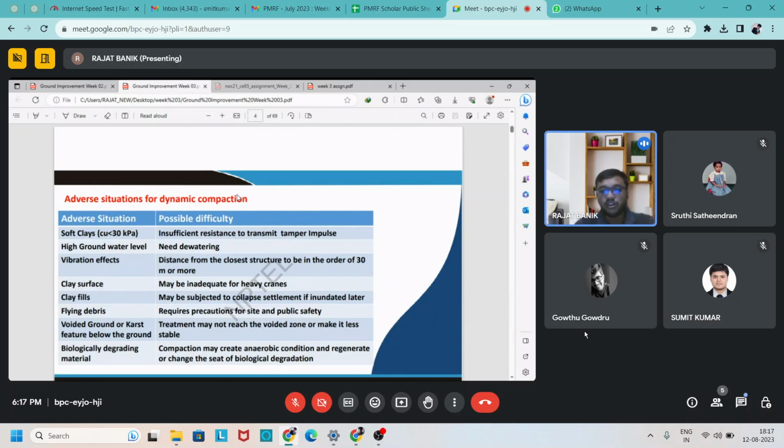So this technique is not suitable if there is a structure closer than 30 meters or so. It is also not suitable on clay surfaces because they are inadequate for heavy cranes. That means clay soil does not withstand the weight of the heavy crane, so it is not used where there is a clay surface.